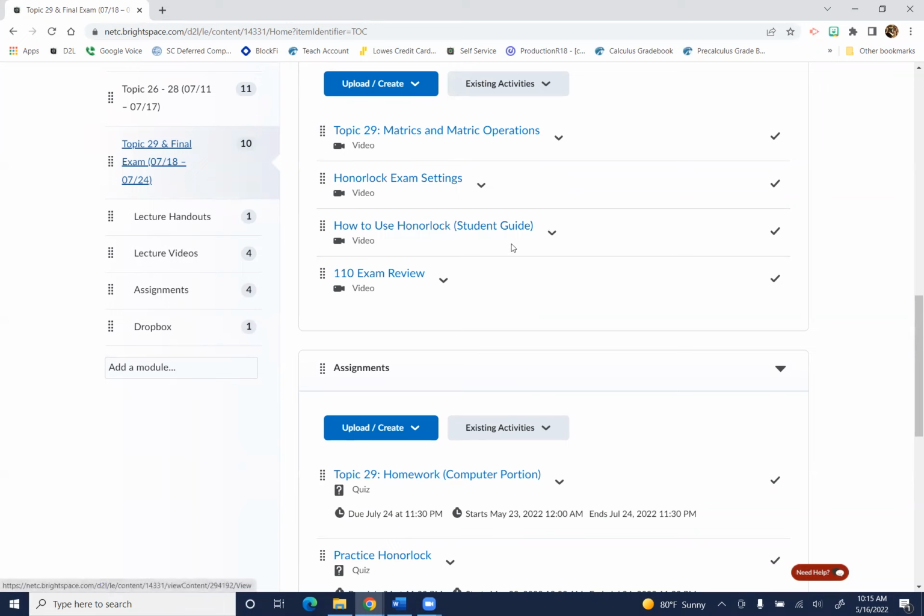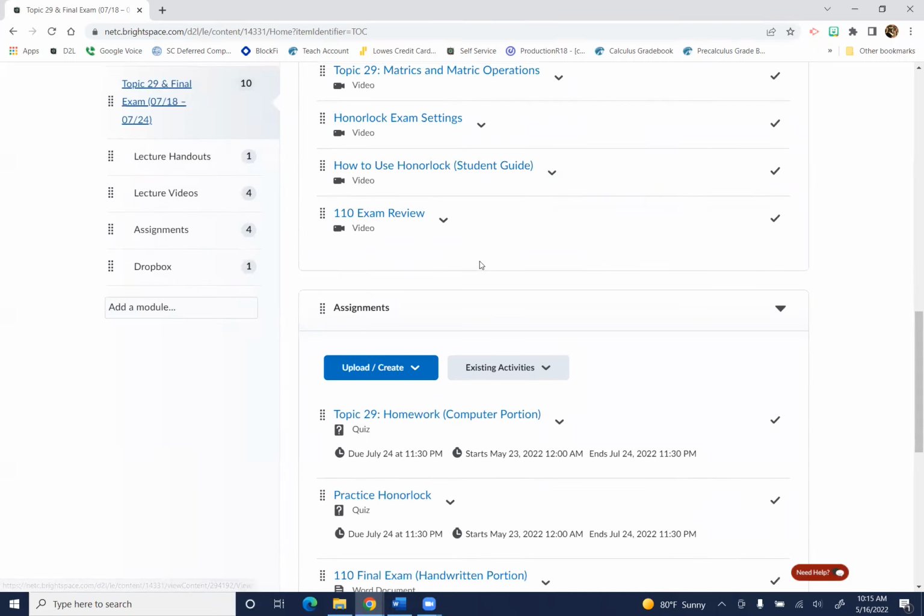Okay, so this video will show you how you will authenticate your identity when you use Unlock. So camera is required. You have to use a computer when you take the final exam in order for Unlock to work, and that computer must have a camera. All right.